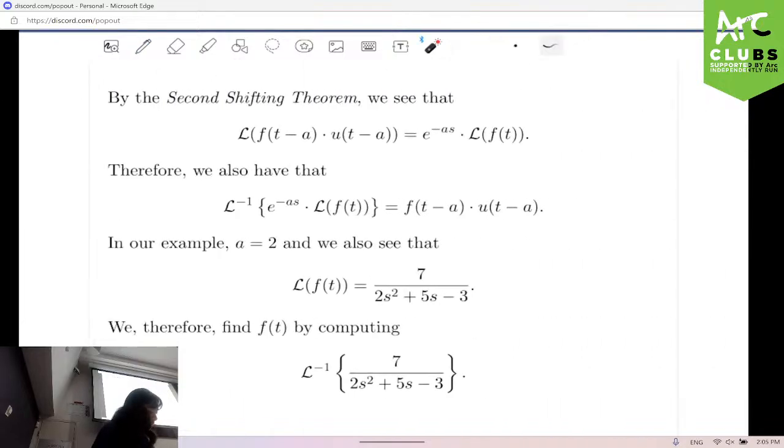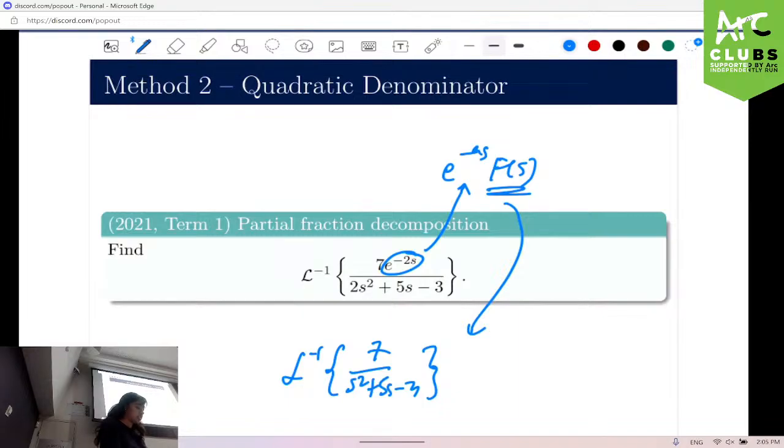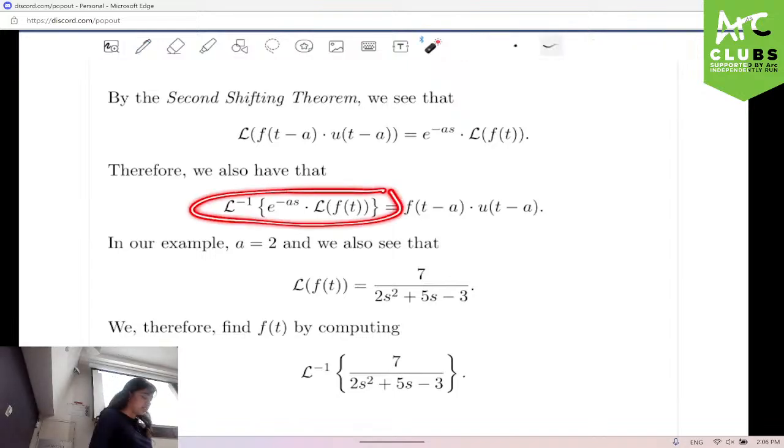Sorry? Yes? Oh, sorry. Yes, 2s squared. Whoops. Sorry. Anyway, in our example, this is just the Laplace second shifting theorem.